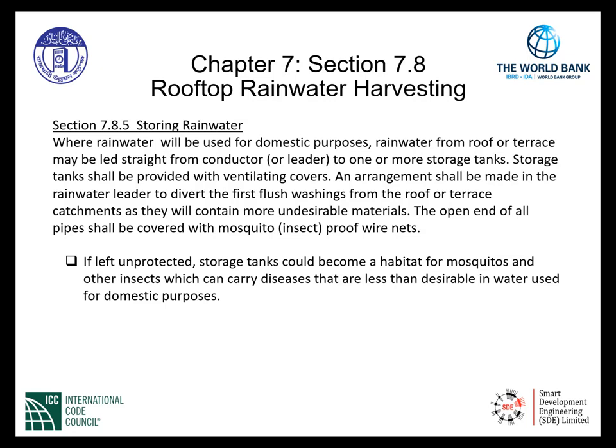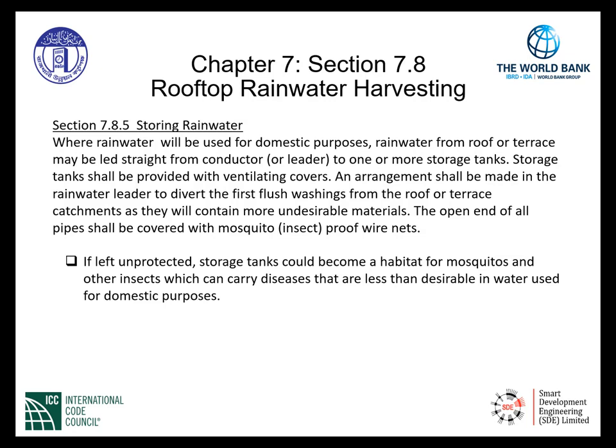Rainwater from roof or terrace may be led straight from conductor or leader to one or more storage tanks. Storage tanks shall be provided with ventilating covers. An arrangement shall be made in the rainwater leader to divert the first flush washings from the roof or terrace catchments, as they will contain more undesirable materials.